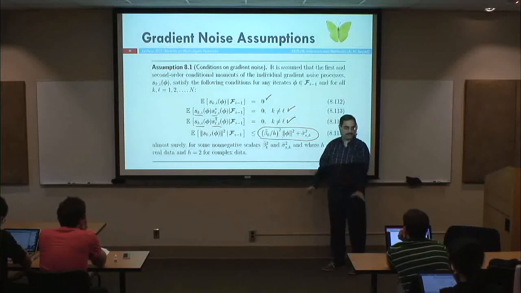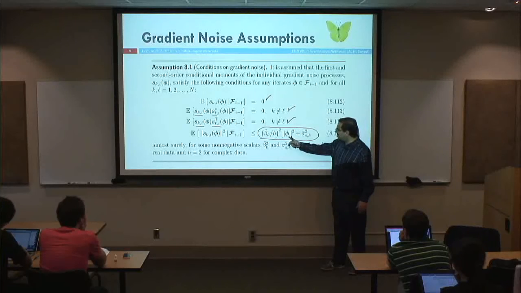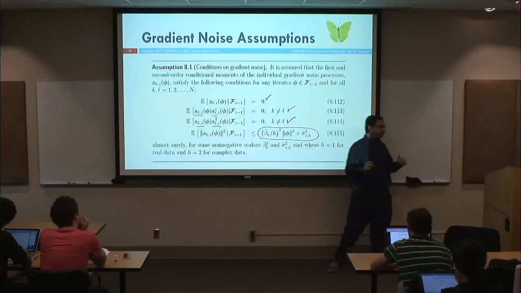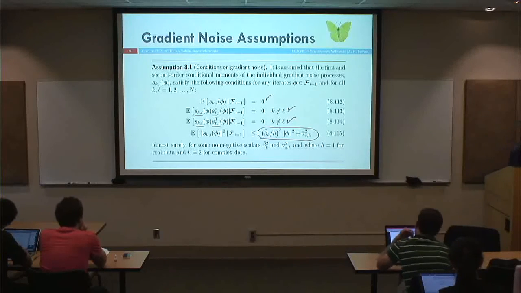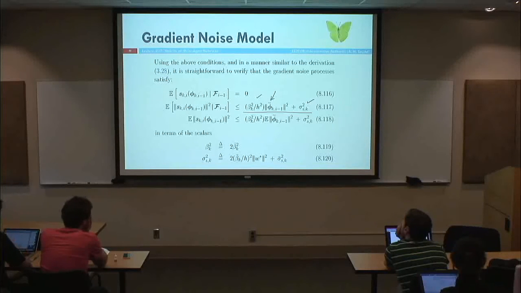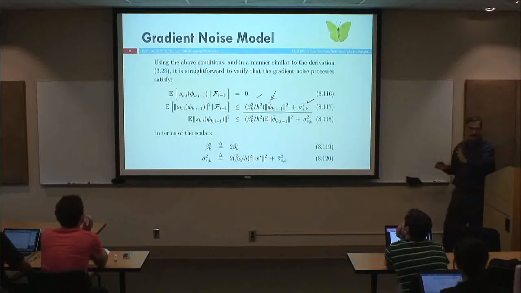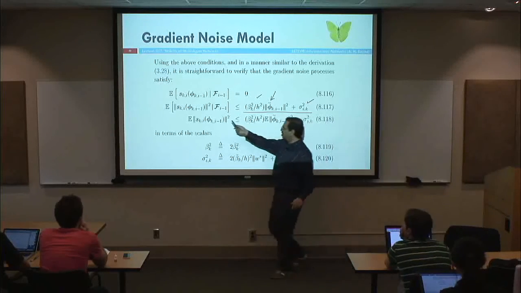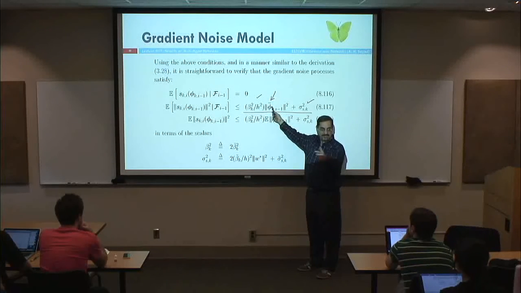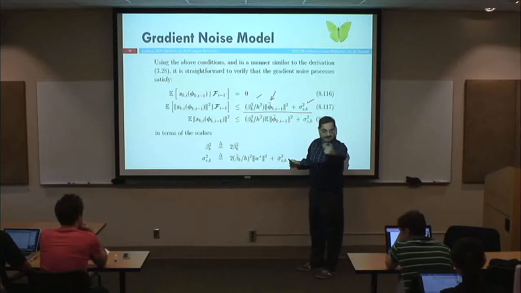I can replace this phi by phi tilde and for some other coefficients I showed you before, right? That you can write the bound in this form, or you can write it in this other form, for some other coefficients, but it involves the error instead of phi itself, right? Instead of involving the estimate, we can put the error here. We did the little algebra that showed you how that implies this.